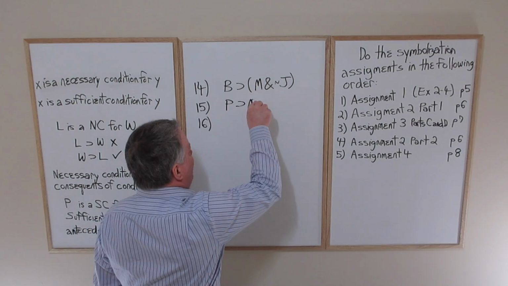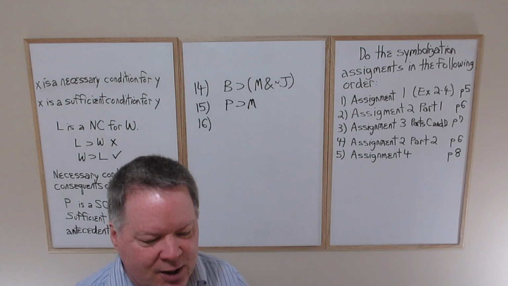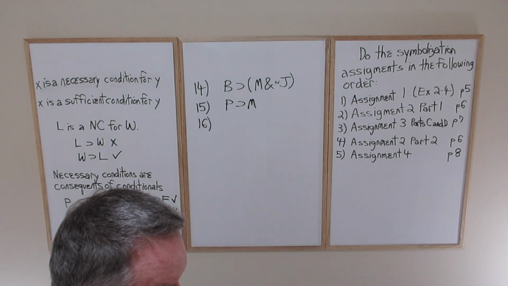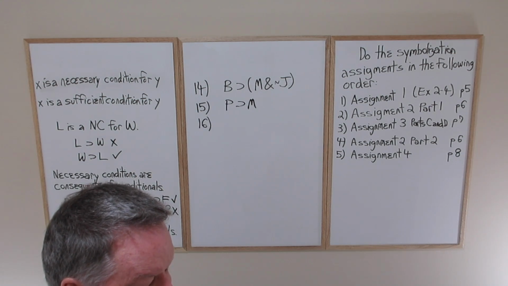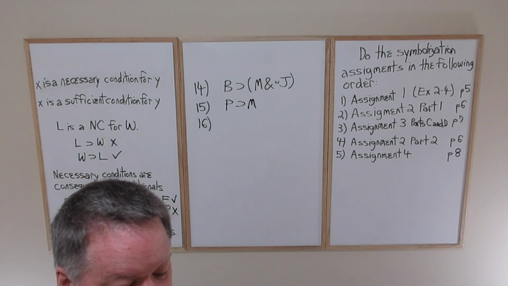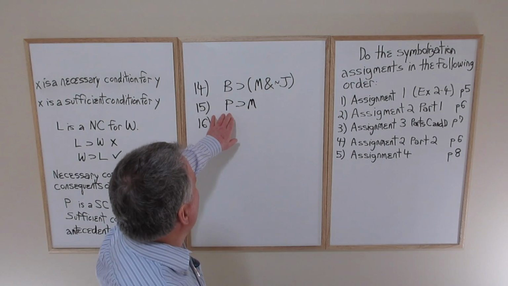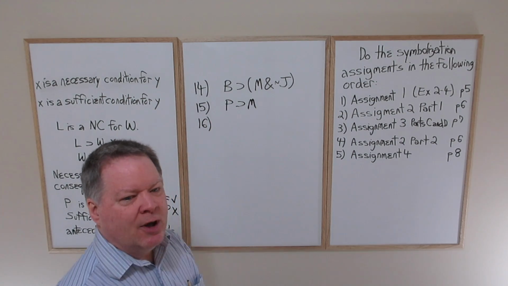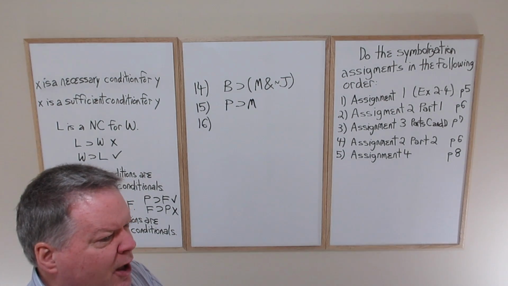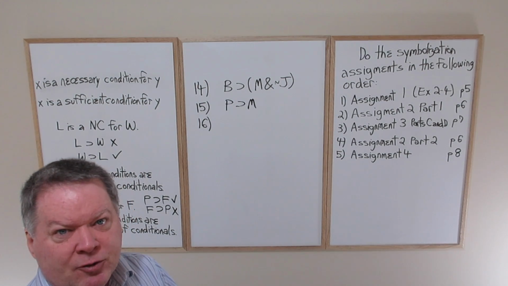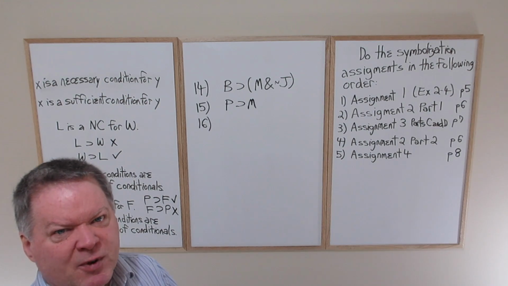So the underlying logical implications of the English sentence, Erin's being penniless is a sufficient condition for her being miserable, is the following. If she's penniless, then she's miserable. You can know that right away. Even if she's wealthy, she might still be miserable.